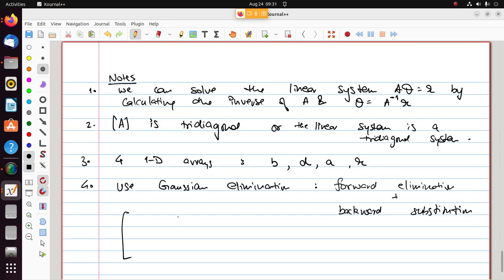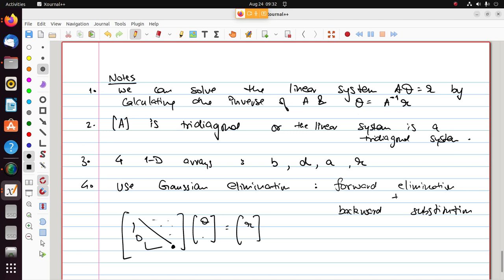If you have a modified system where all the lower diagonal terms are 0 and the above diagonals are there, with the vector theta and some modified right hand side, you can see that the last equation has only one term: the coefficient d times theta n is equal to r n. So you can calculate theta n. Once you have theta n, the second last equation has two terms, theta n and theta n minus 1, but theta n is already known. So you get theta n minus 1, and you keep doing that. It's called backward substitution. So there are two steps in the algorithm here.